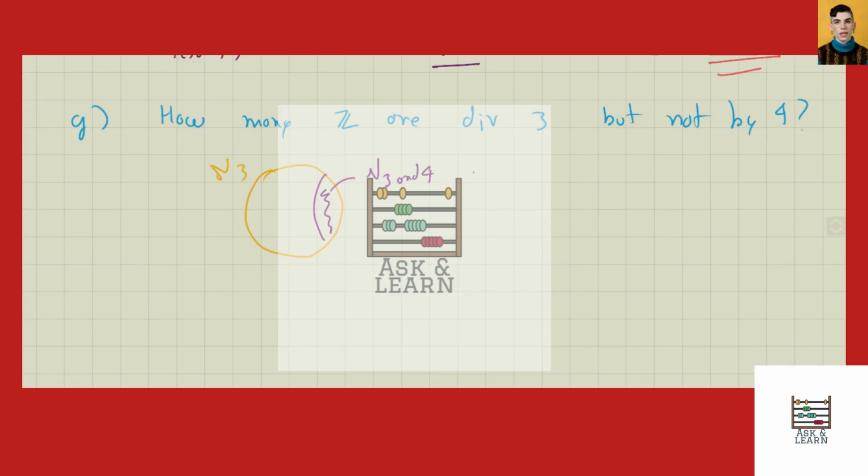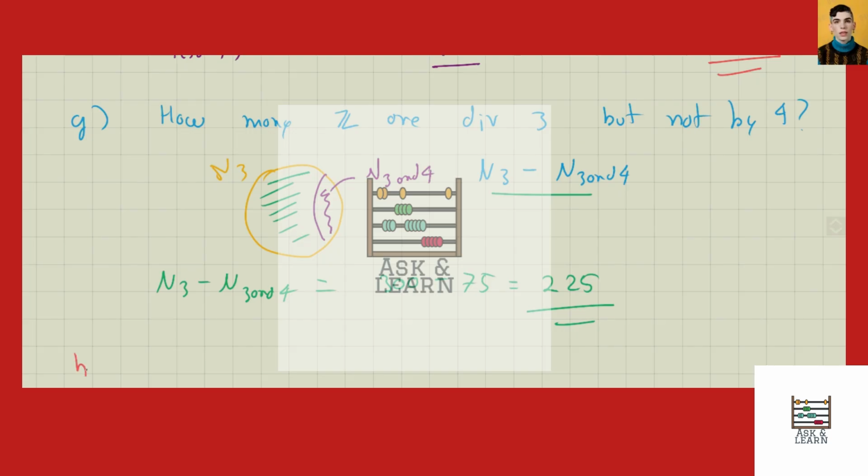So we need to compute n3 minus n3 and 4. That will result in just the numbers that are divisible by 3 and not by 4. We have already calculated these numbers, so this is 300 minus 75, and this equals 225.